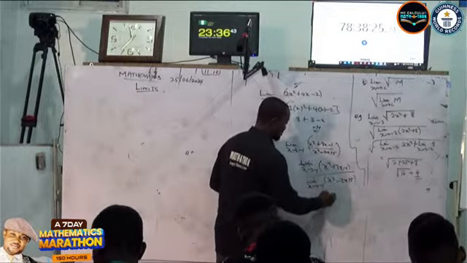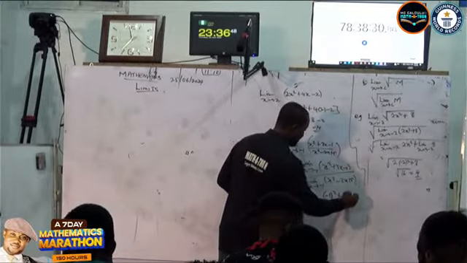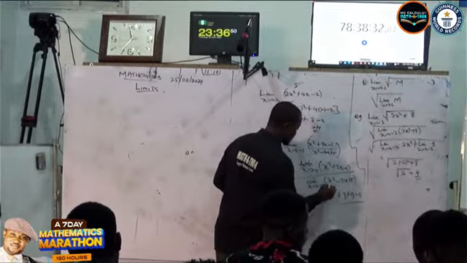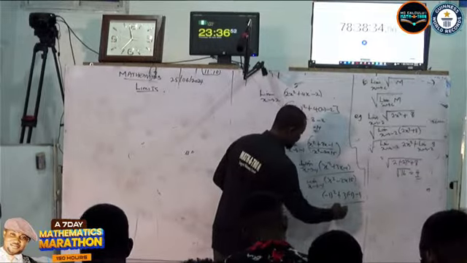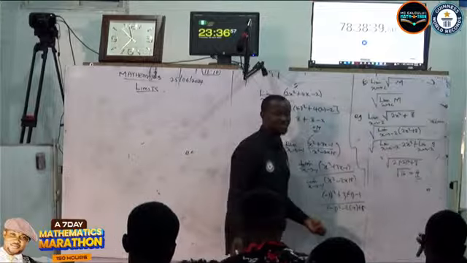This one: minus 1 squared plus 3 into minus 1 minus 1, over minus 1 squared minus 2 into minus 1 plus 5. Is it difficult?